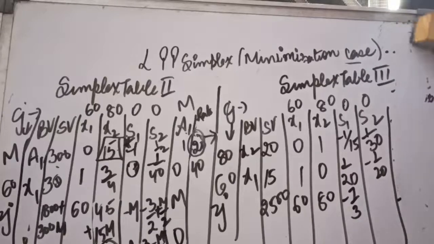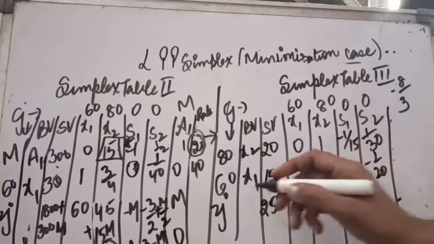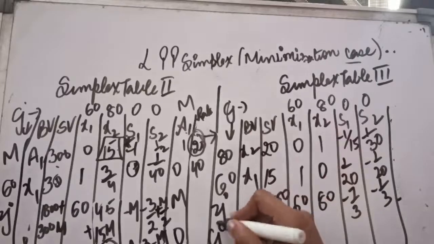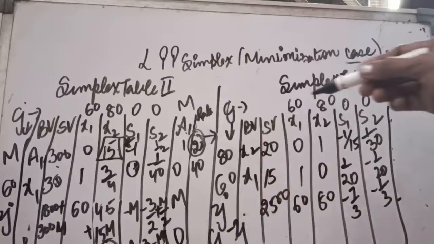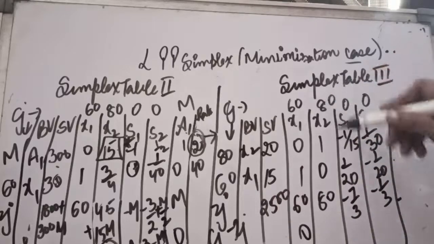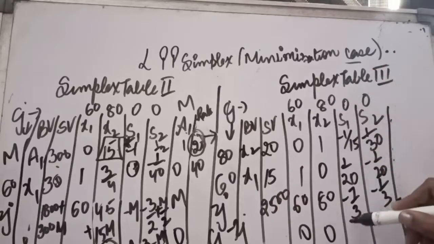And the last value is 80 upon 30. So we can say 8 upon 3 minus 6 upon 2, and this comes out to be minus 1 upon 3. The last will be Cj minus Zj. Cj is above. 60 minus 60, 0. Zj is here. 80 minus 80, 0. 0 minus 7 by 3 will be positive 7 by 3. 0 minus 1 by 3 will be positive 1 by 3.